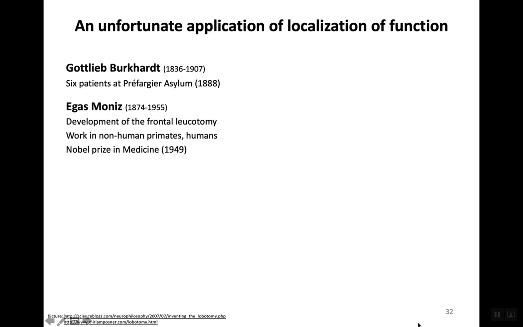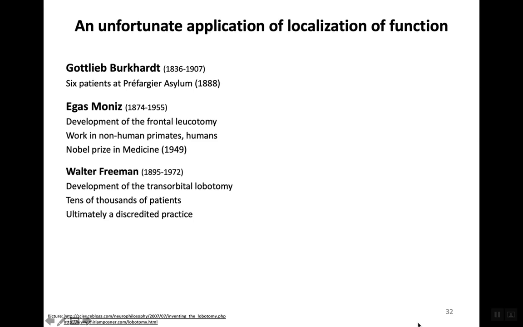Based on the success of his work with primates, Egas Moniz continued that work with humans, for which he claimed to have obtained somewhat similar results. His revolutionary work at the time garnered him a Nobel Prize in Medicine, and his work was saluted by the medical community.